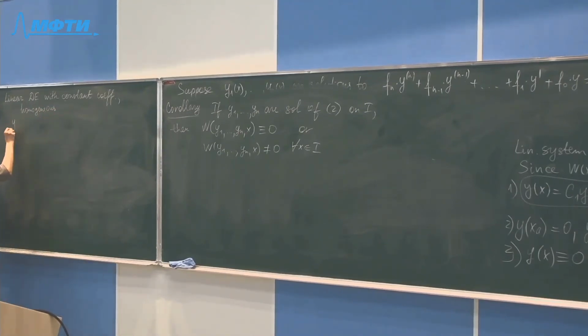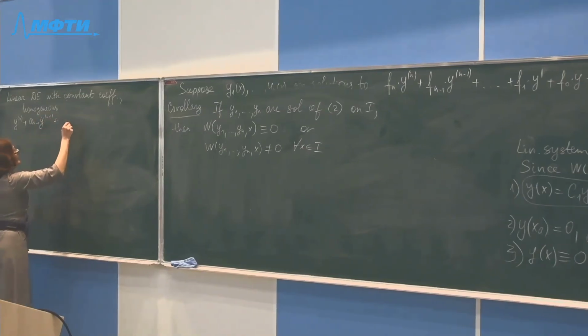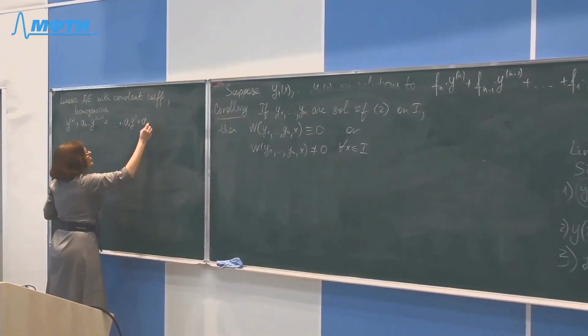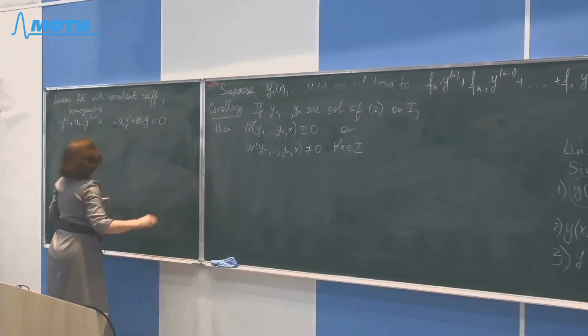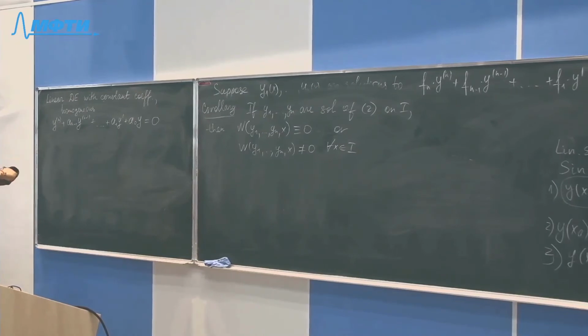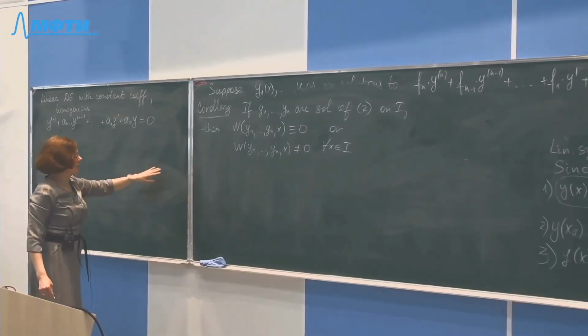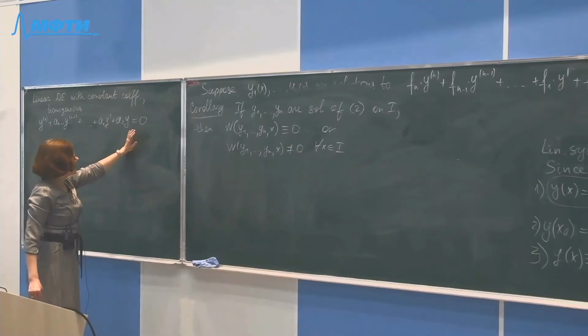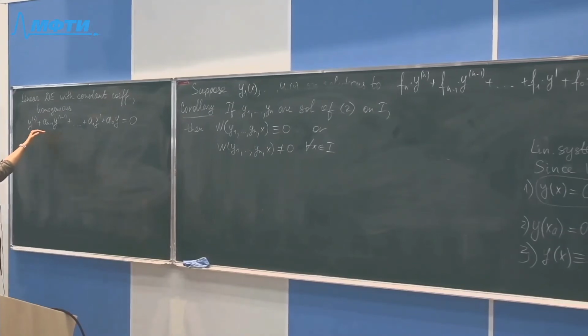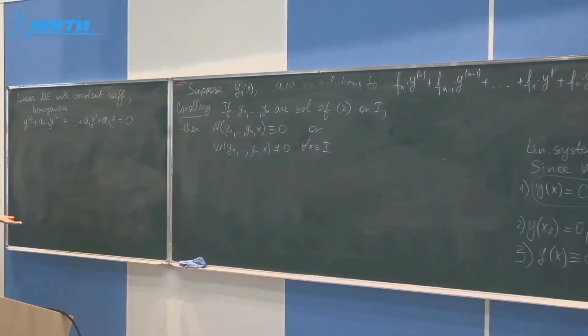So we will consider equations of the form y^(n) + a_{n-1} y^(n-1) + ... + a1 y' + a0 y = 0. We will start with the homogeneous linear differential equation, and at the end of today's lesson we will discuss non-homogeneous equations. So let's start with the equations with constant coefficients.